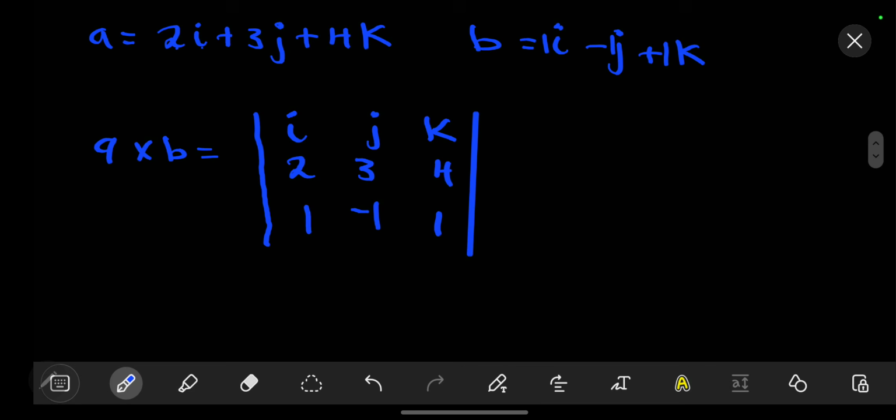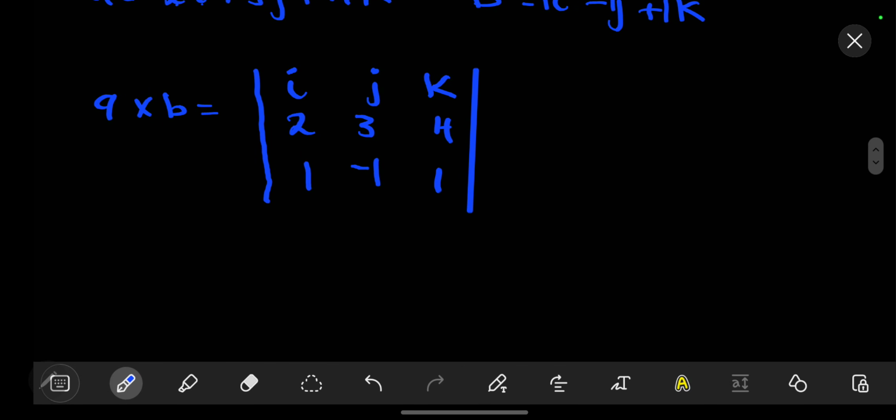So we are going to be using this method. To cross two vectors, it is similar to the matrix method. What we are going to do is look at the first row, so the first column. We are going to draw dotted lines.